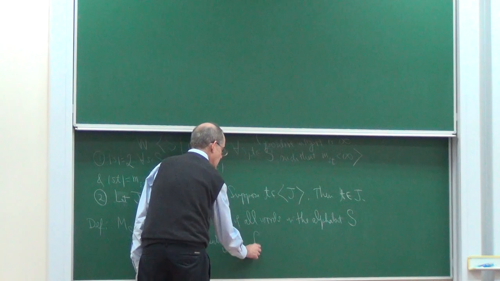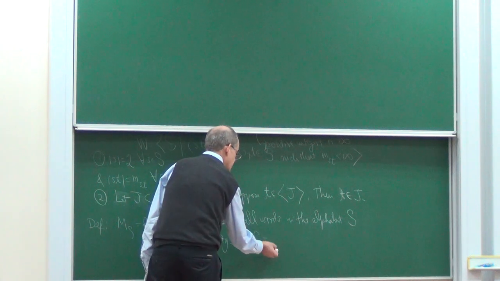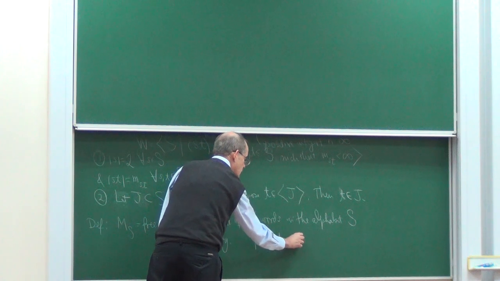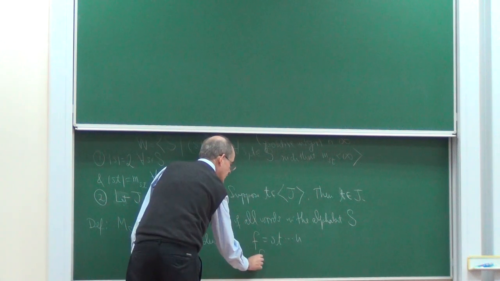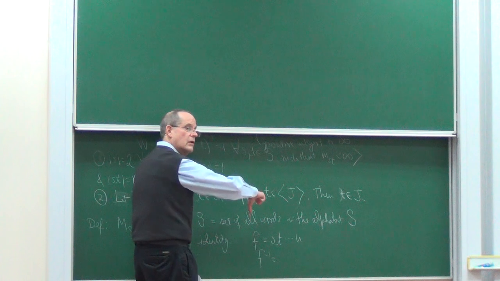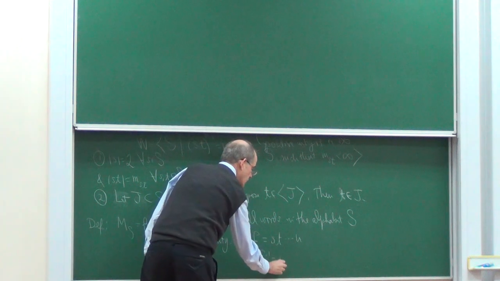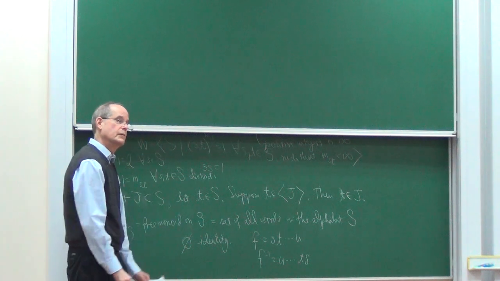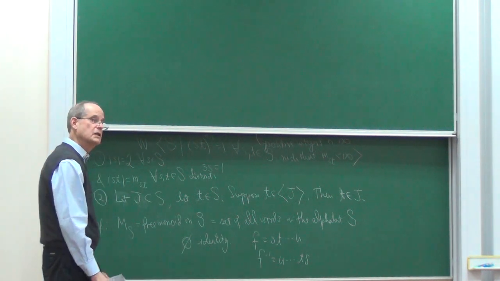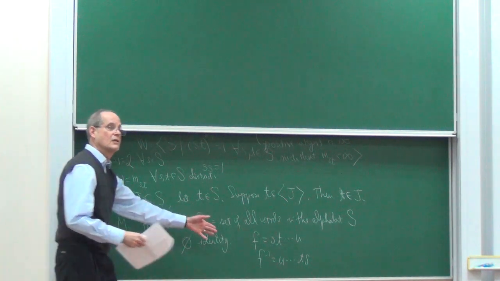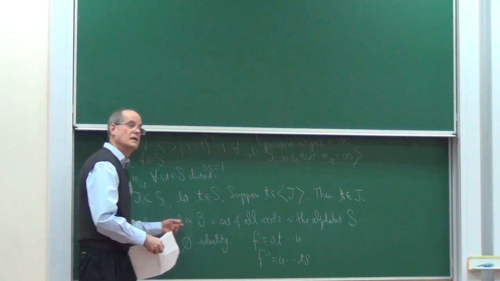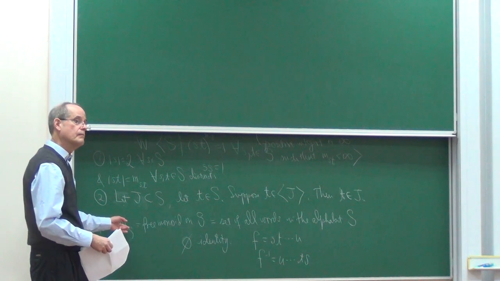And if we have a word, so maybe S, T, U, then we define its inverse to be the word written backwards. But this is not a group, so you can't cancel, so there's no inverse in the free monoid.